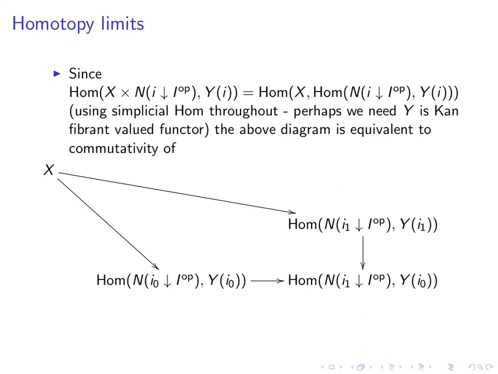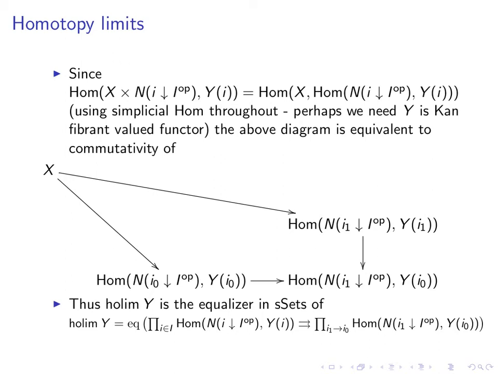And since we have this Hom-tensor adjunction in simplicial sets, that diagram on the previous slide is equivalent to commutativity of this diagram, and then we can use this to express the homotopy limit as basically the ordinary limit of the objects in this type of diagram.